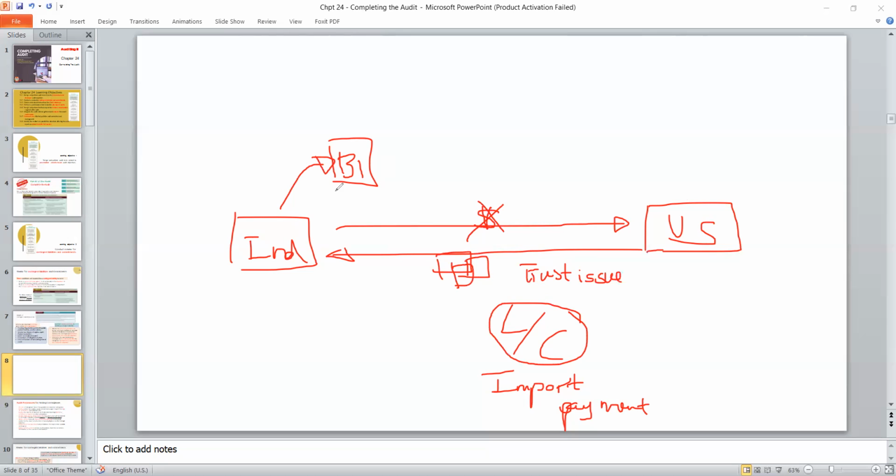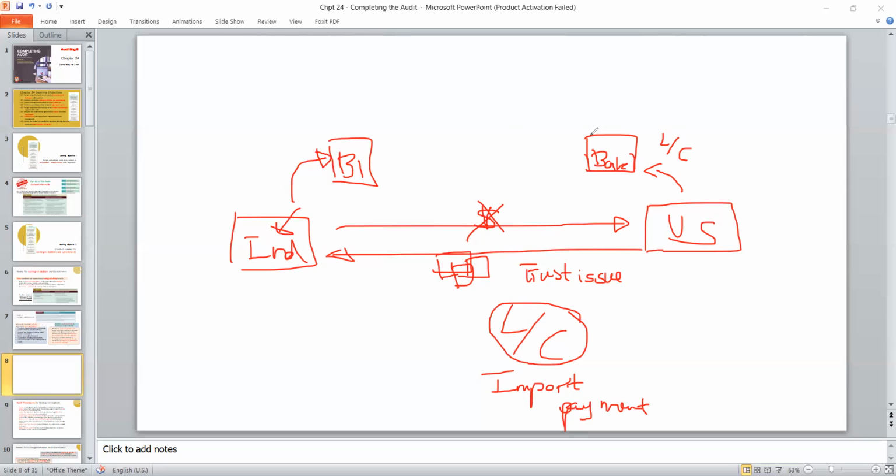So the exporter of the goods will contact their bank in the US to publish the LC, to create the LC for the company who wants to buy these goods.